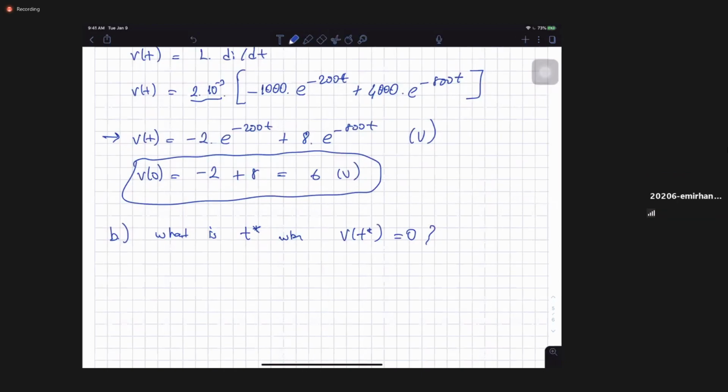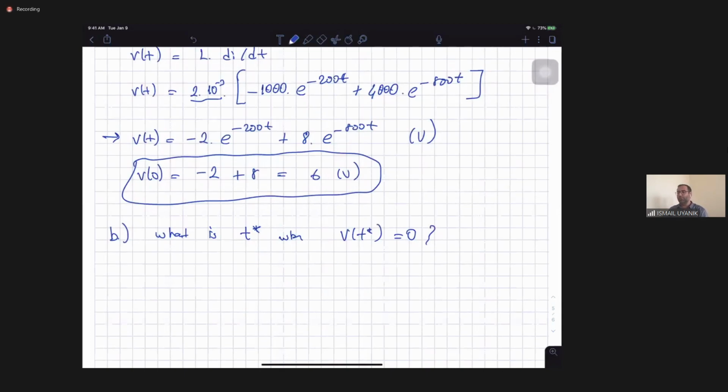Should we take the derivative? Yeah, the derivative. Perfect. You take the derivative of it, equate it to 0, and that will give you the times. Is it asking for zero crossing? Yes.